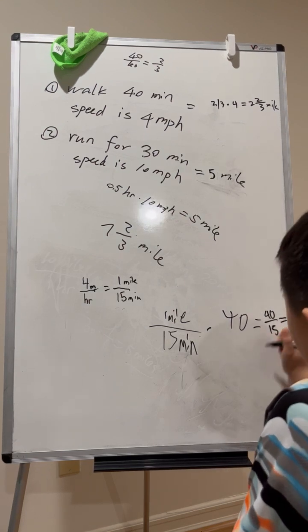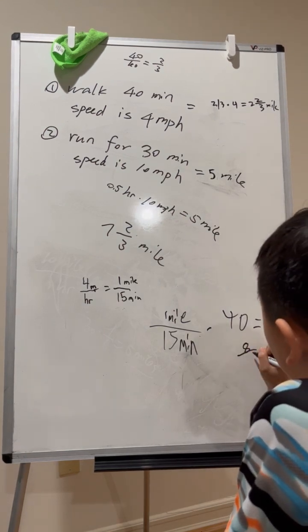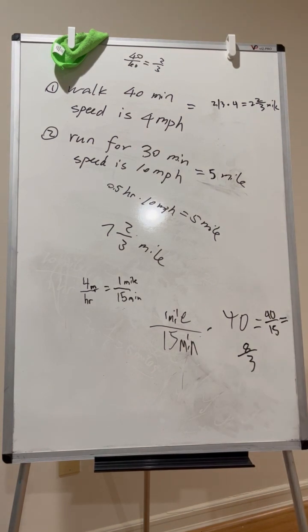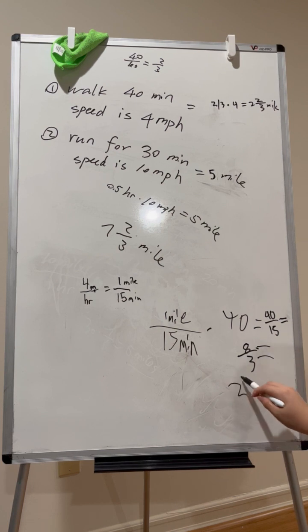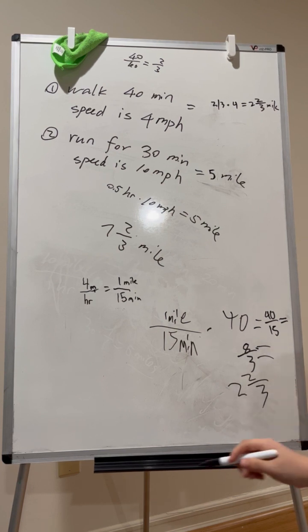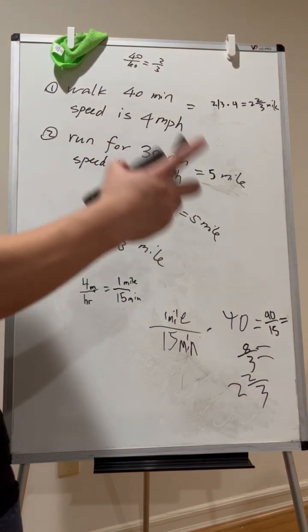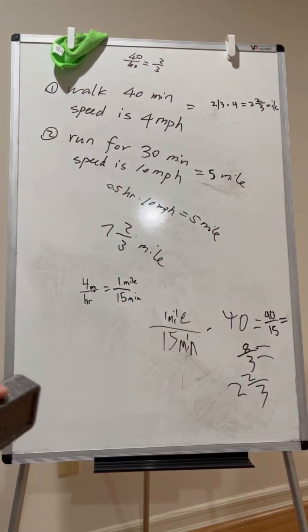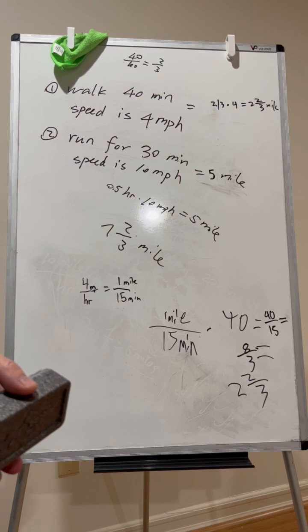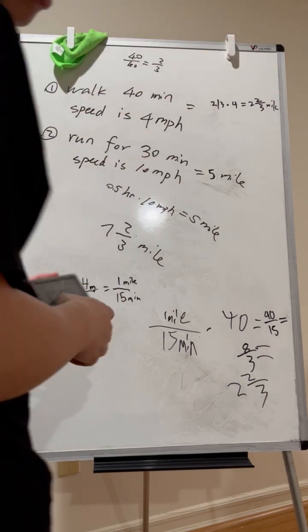It's 40 over 15, 8 over 3. Exactly. So you got the same answer. Very good. Great job. Okay. So we did 2 ways to solve this problem.